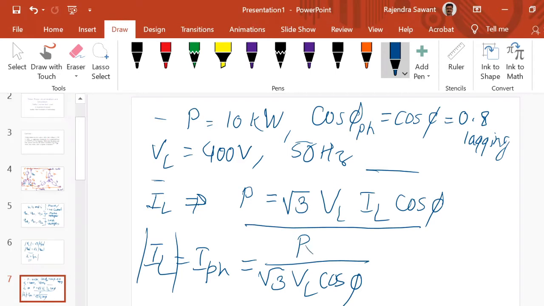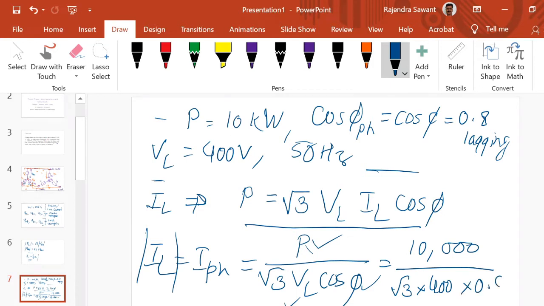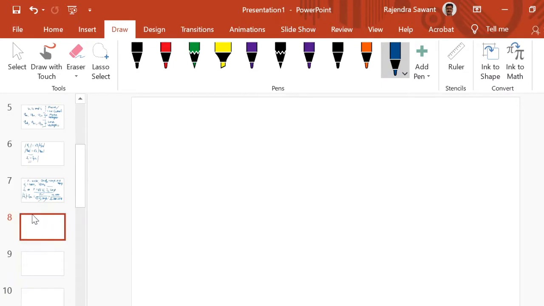Because P is known to you, VL is known to you, and cos phi is known to you, if we substitute 10,000 for P, and root 3 into 400 into cos phi of 0.8, we shall get the value of the line current or phase current, they are the same.